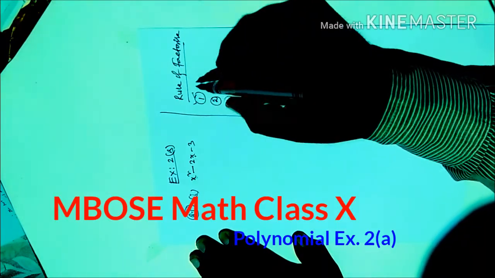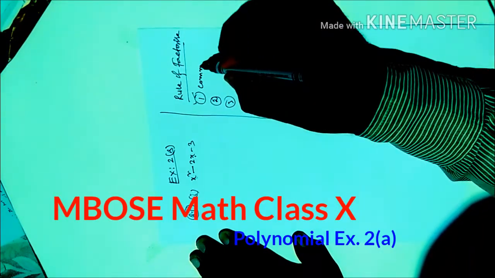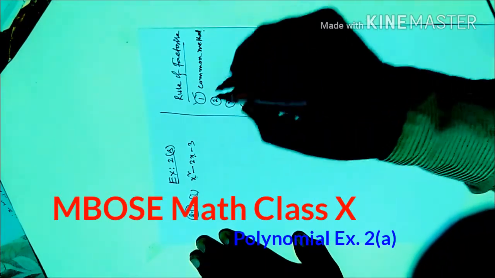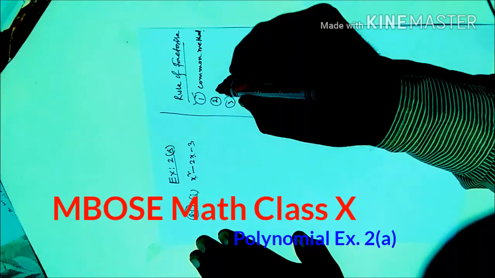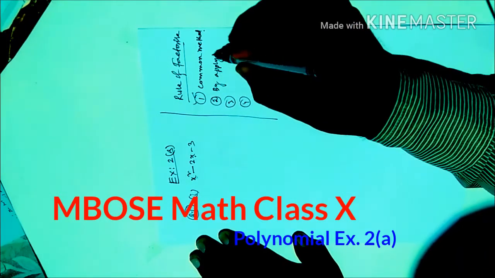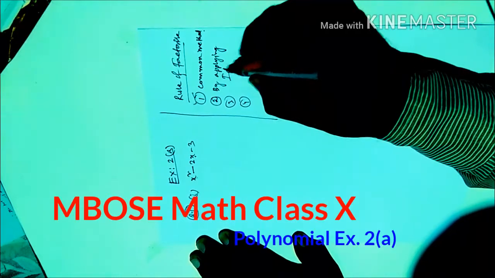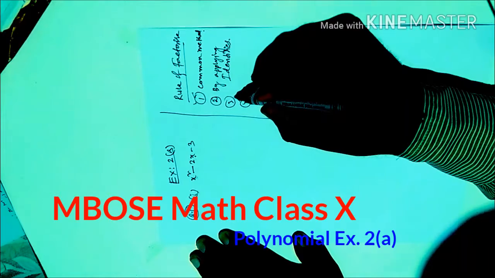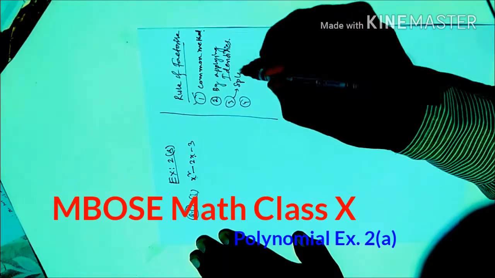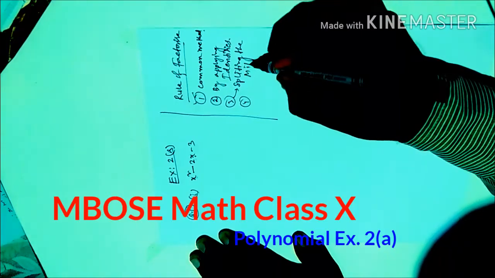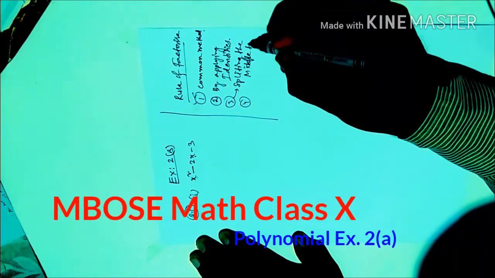Number 1 is called the common method. Number 2 is by applying identities. If identities can't be applied, you have to go by splitting the middle term.